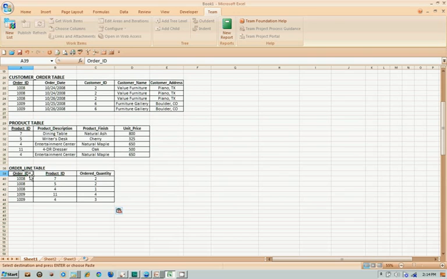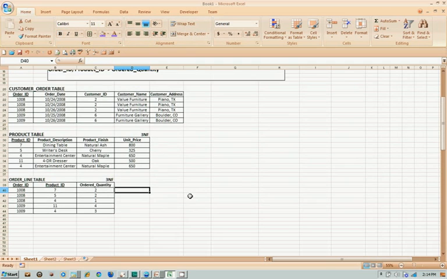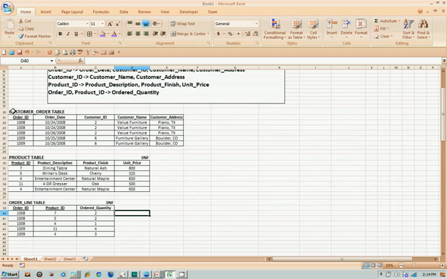The relations order line and product are in the third normal form. However, customer order contains transitive dependencies and therefore, although in second normal form, is not yet in third normal form.